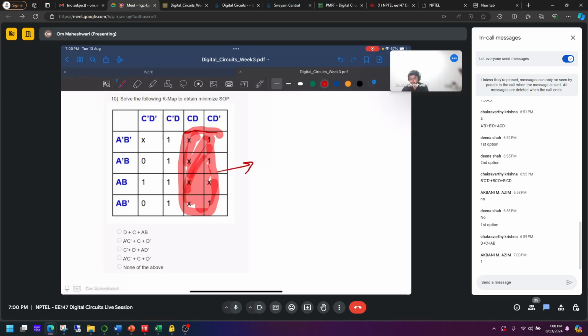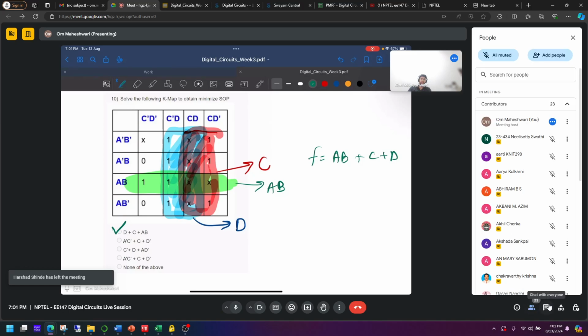This is C. Next group I can make is with this one, and this is D. Third group is this one. This is AB. The answer is AB plus C plus B. Option 1. Is it clear? Good.